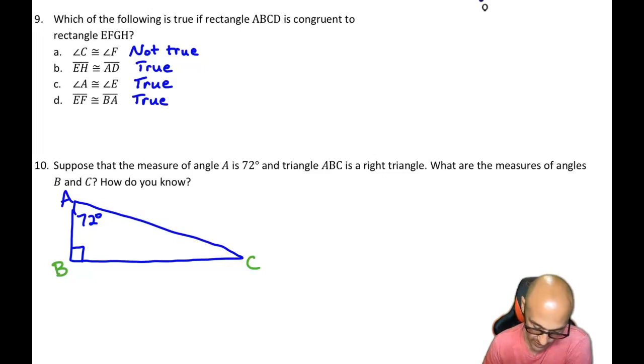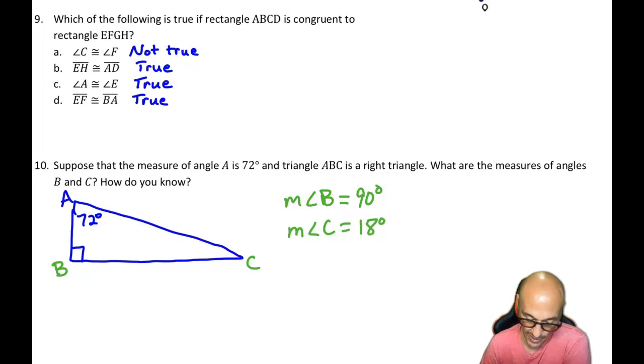Well, one possibility is that this is B and this is C. And in that case, the measure of angle B is equal to 90 degrees. It's the right angle. And the measure of angle C is equal to 18 degrees. That is because the interior angles of our triangle must add up to 180 degrees. All triangles have the sum of their angles equal to 180 degrees.